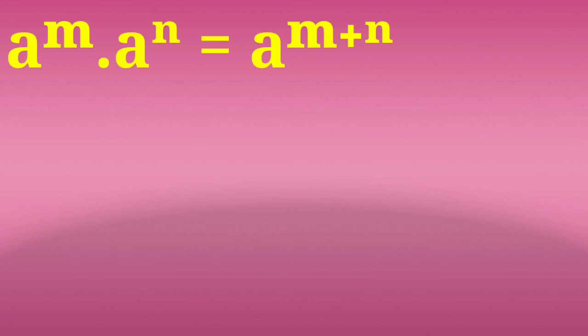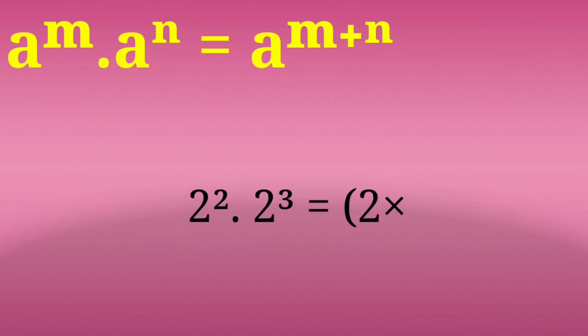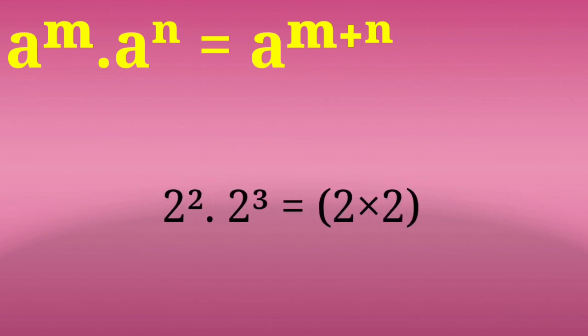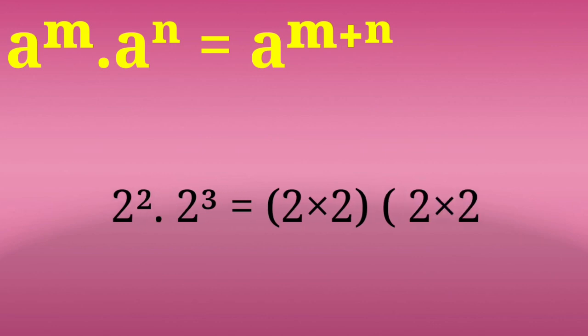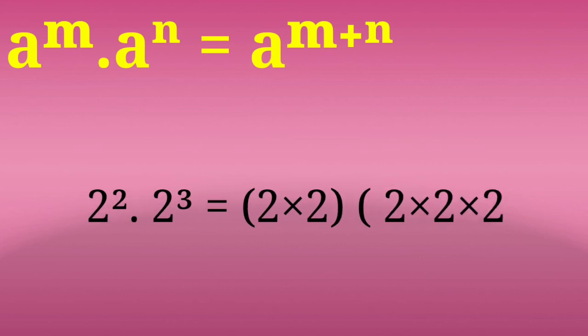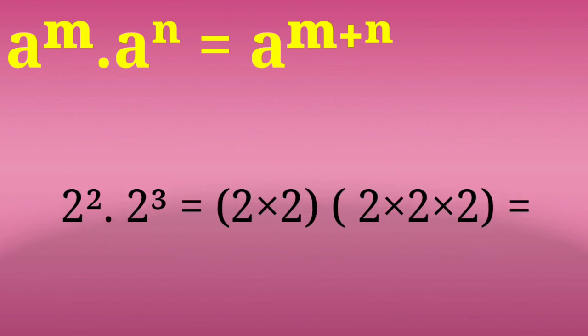2 raised to 2 into 2 raised to 3. Here base is 2, right? And the exponents or powers are 2 and 3. What is 2 square? 2 square means 2 into 2. 2 times you have to multiply, right?